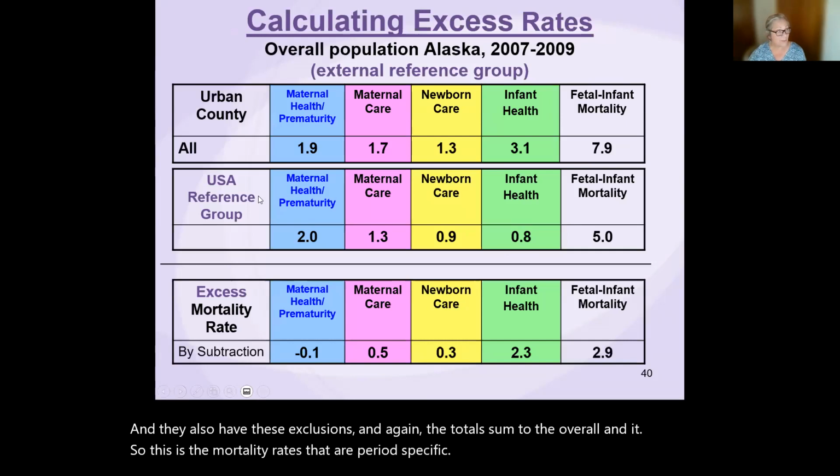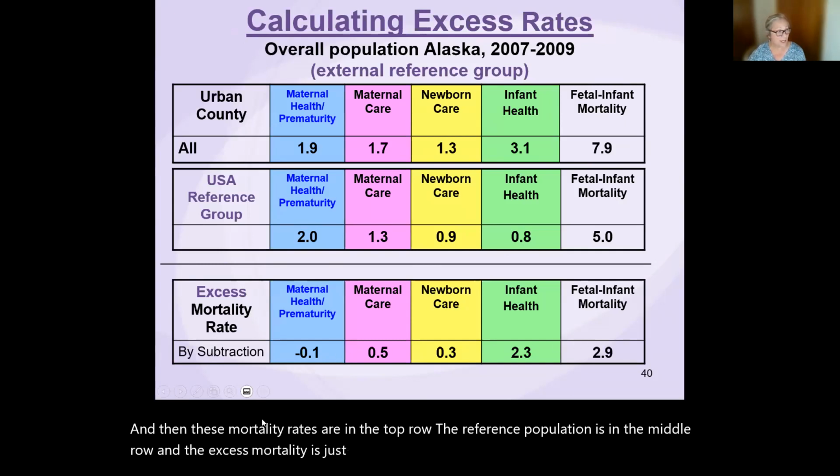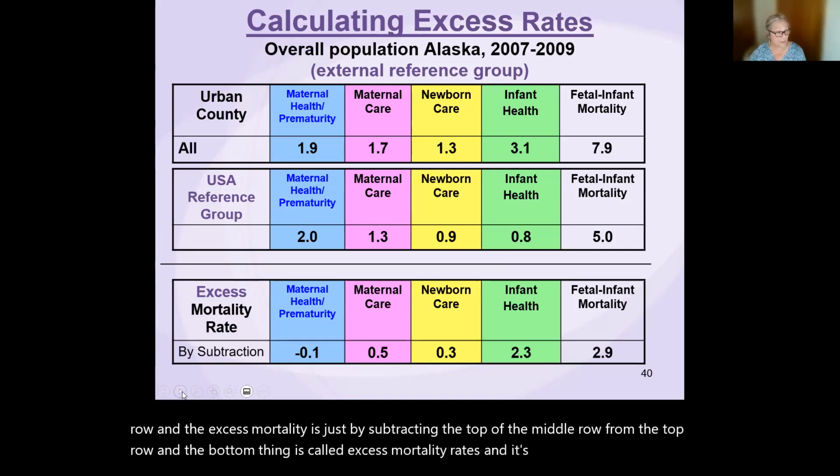And then these mortality rates are in the top row. The reference population is in the middle row, and the excess mortality is just by subtracting the middle row from the top row. And the bottom thing is called excess mortality rates, and it's our estimate of preventable mortality.